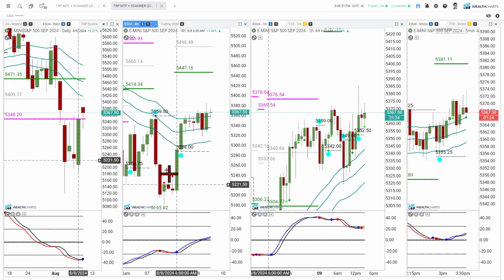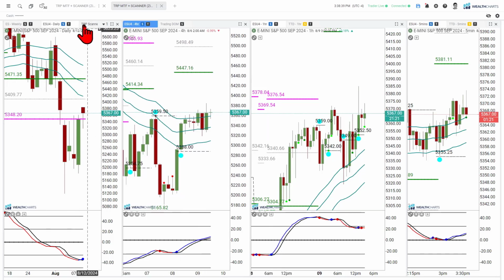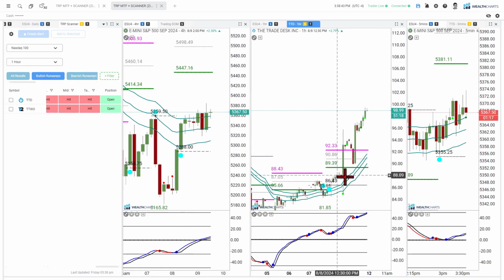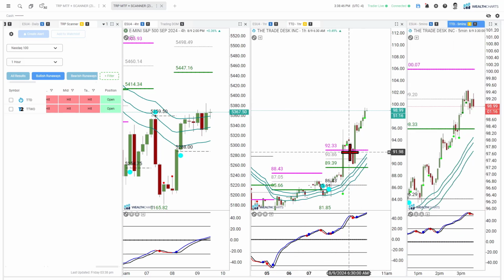Now, what I want to do is flip the script and find something that can outperform the market using the TRP scanner and identifying a creature that we call the runaway. And this is on the bullish side.